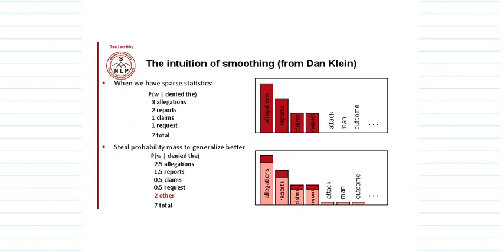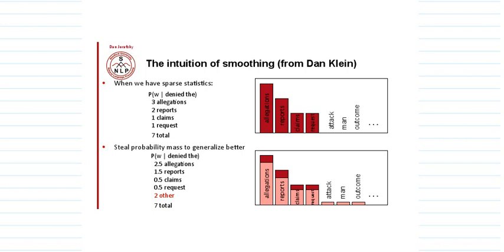The count of allegations is large, and reports is also larger than claims, request, and so on. We can assume that in a small corpus we have 3 counts of allegations, 2 counts of reports, 1 count of claim, 1 count of request, and 0 counts of attack, 0 counts of man, and 0 counts of outcome.